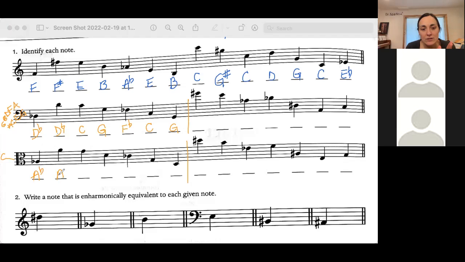This is A natural, right? What would this one be? G. G. This one? D. That one's D. Yeah, this one's a lot harder. C flat because it's the middle, right? And then down on the bottom, G, G and D.